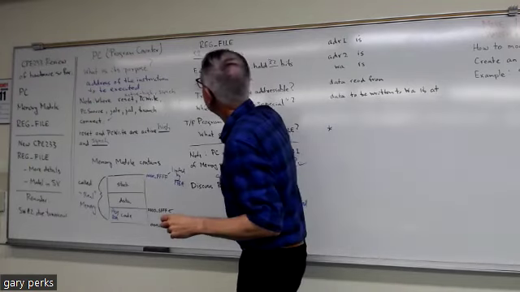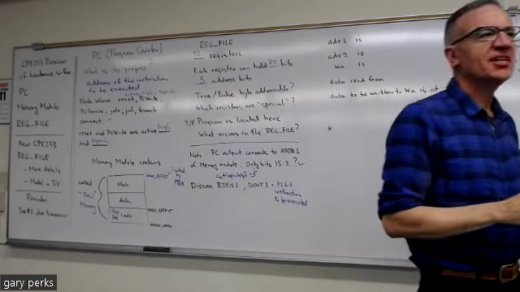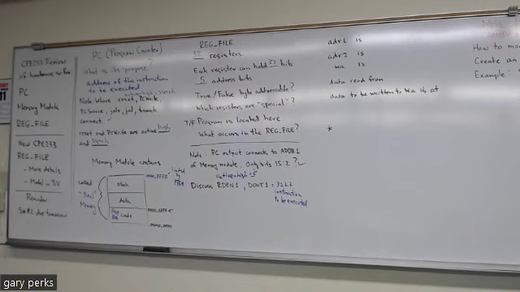And again, this is where knowing the hardware helps you understand the software, because when you look at an instruction that has RS1, RS2, or RD, which are registers within the reg file, that's why there's 5 bits within the 32-bit instruction, because those bits are the address bits for those registers.